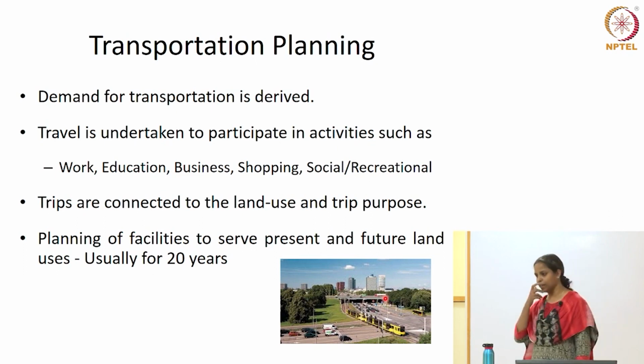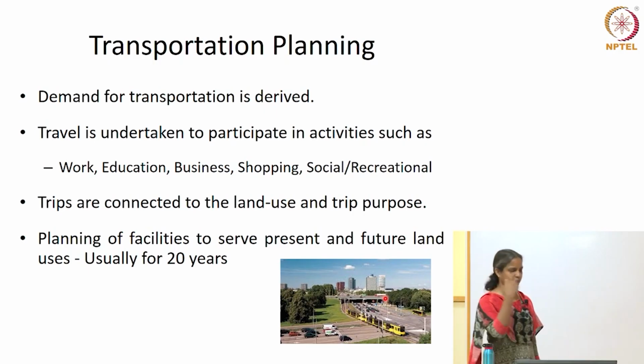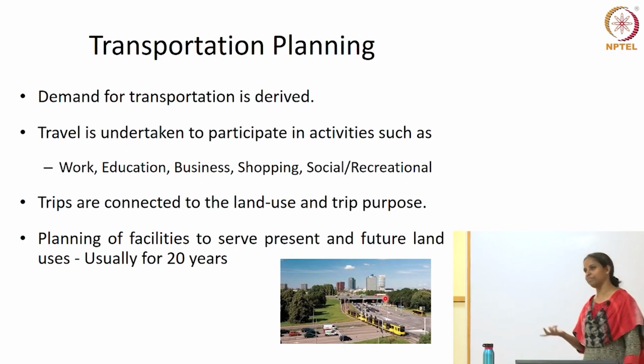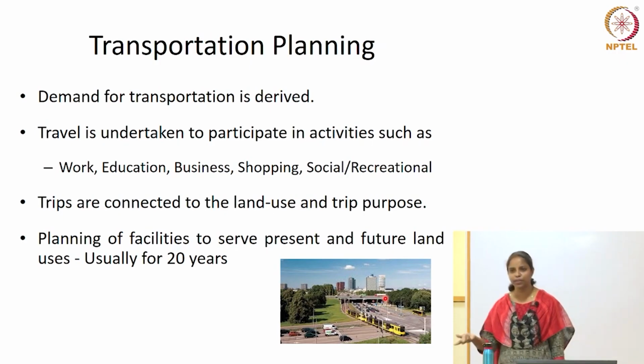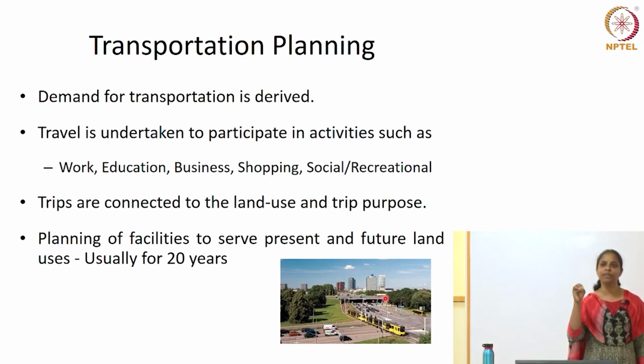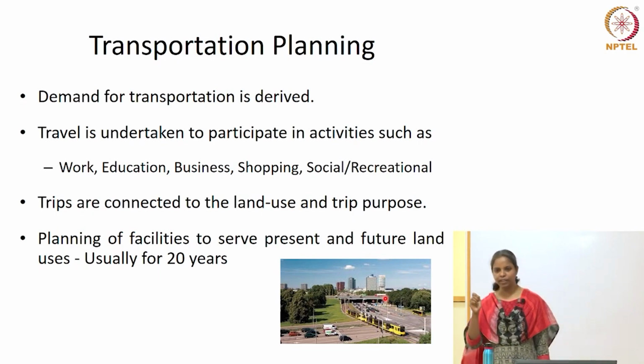If it's a residential area, people usually want to go to their workplace or their colleges. If it's a shopping area, people go for shopping, obviously. Each of these trips is related to the land use of that area. So the planning part links the land use to the trips that you make.